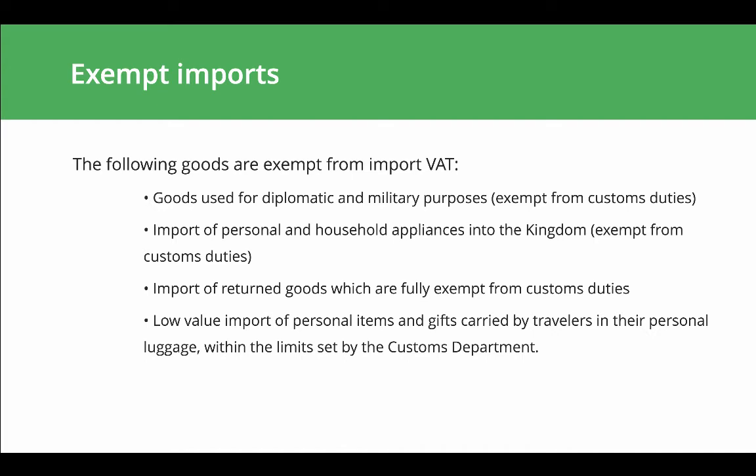Import of personal and household appliances into the kingdom which are exempt from custom duties in accordance with the Unified Customs Law. Imports of returned goods which are fully exempt from custom duties. Low value imports of personal items and gifts carried in travelers' personal luggage within the limits set by the Customs Department for relief from custom duties collection.